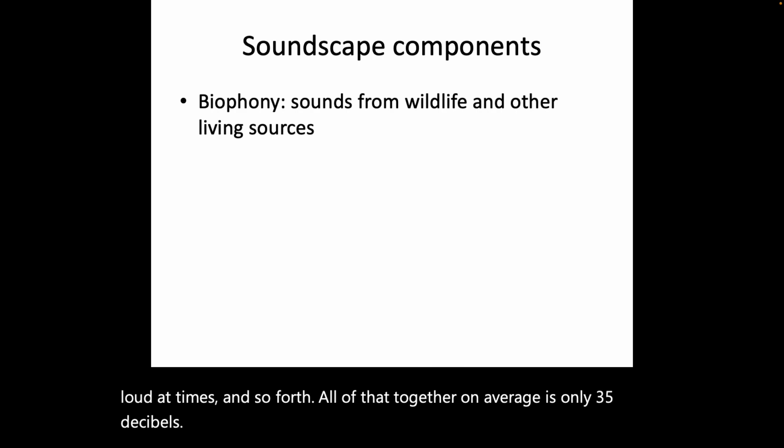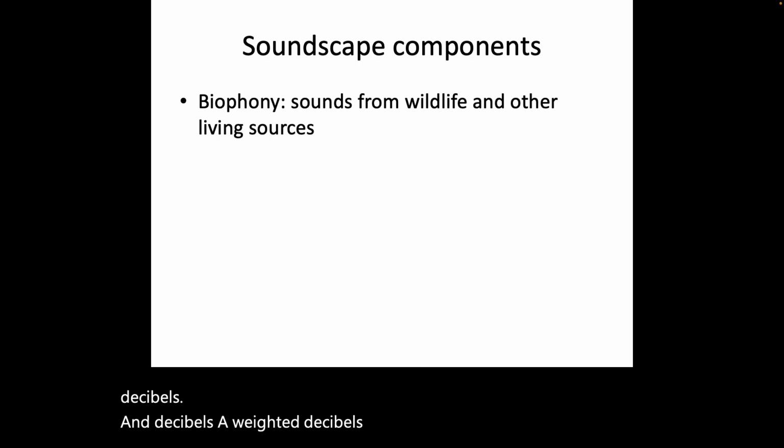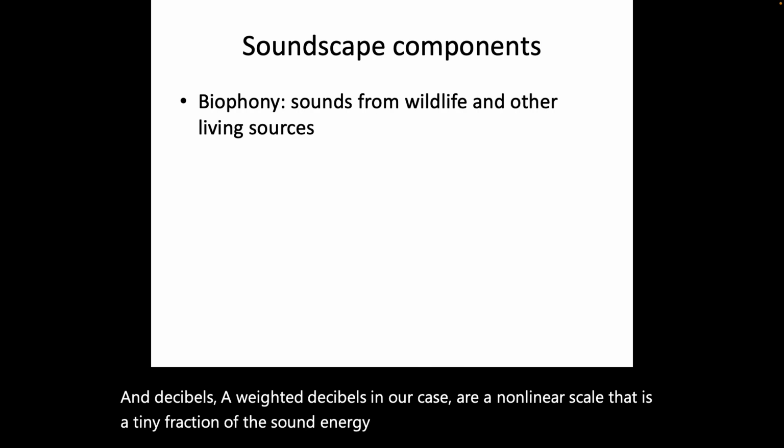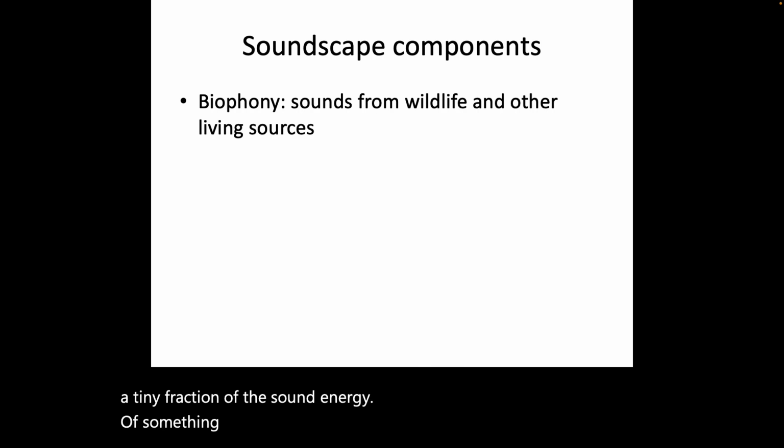And decibels, A-weighted decibels in our case, are a non-linear scale that is a tiny fraction of the sound energy of something like 55 decibels, like about what I'm talking to you right now.